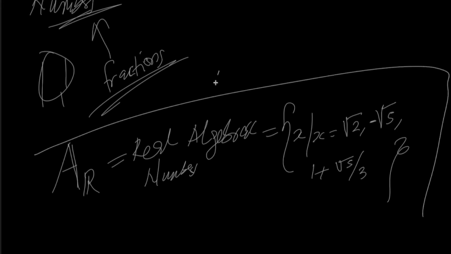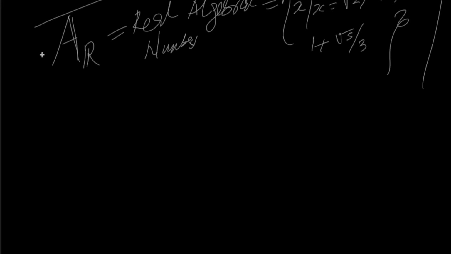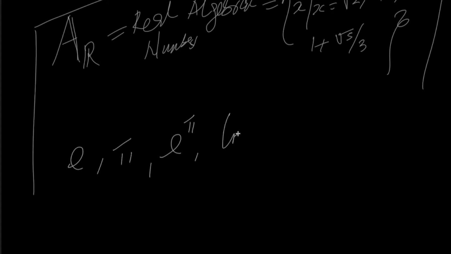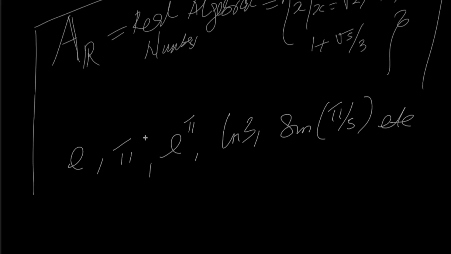If you put all these numbers into exponential, pi, e raised to the power pi, or a function like the natural logarithm of 3, for instance, or you look at sine of pi over 5, etc. All these types of numbers, we call them what? The transcendental numbers. They fall into what? The irrational numbers. Okay? All these ones. This one alone is called what?